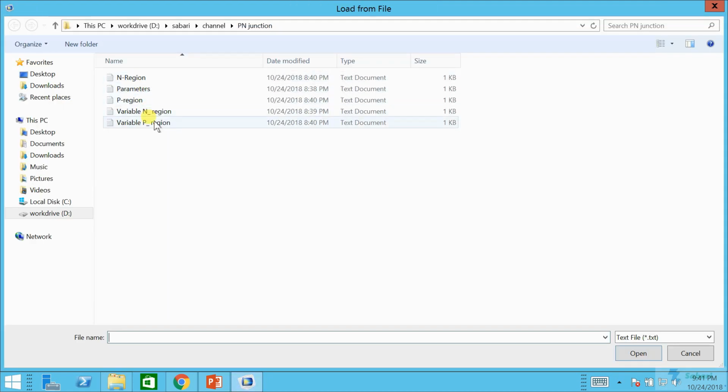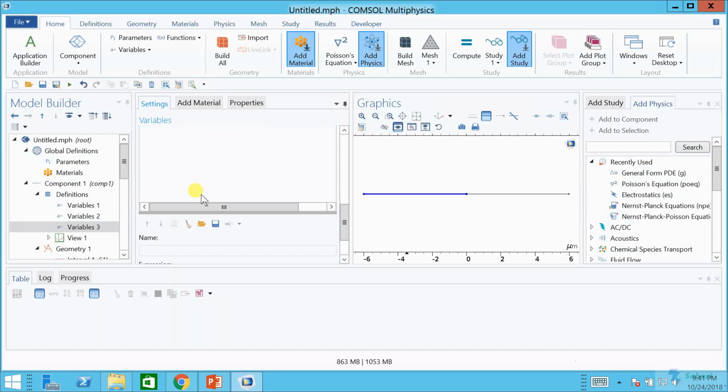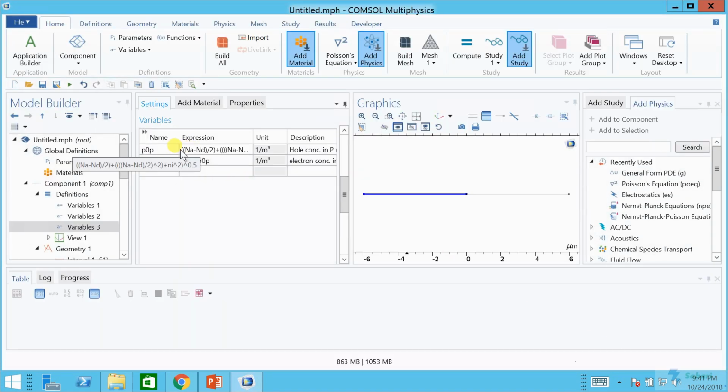Then I have entered those formulas: the amount of holes in the P region is denoted by this formula, and the amount of electrons in the region is denoted by this formula.